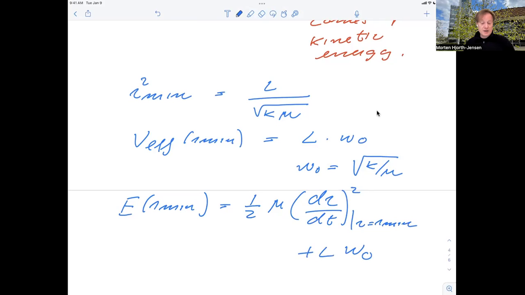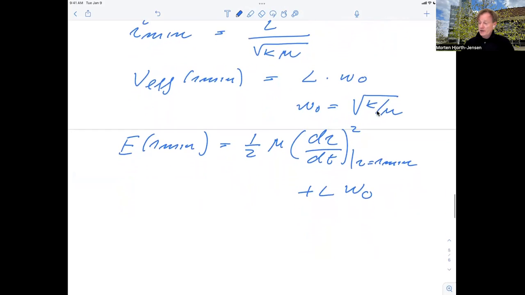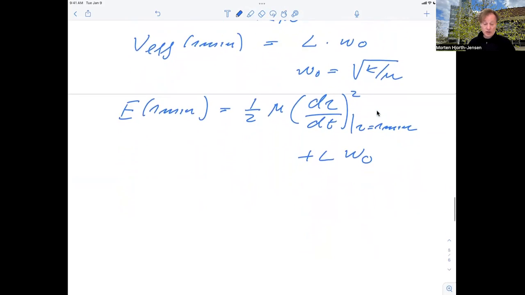And now we come to the differential equation which we have for the radial equation. So we have mu r double dot, and we know that this one is equal to the force which is applied in the r direction, F of r, plus L squared divided by mu and r cubed.